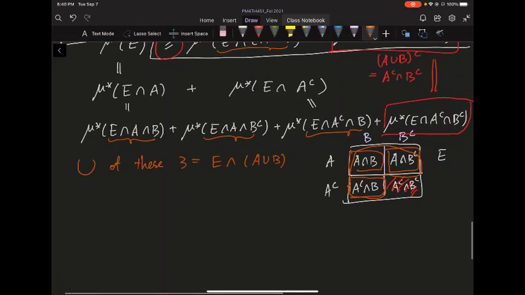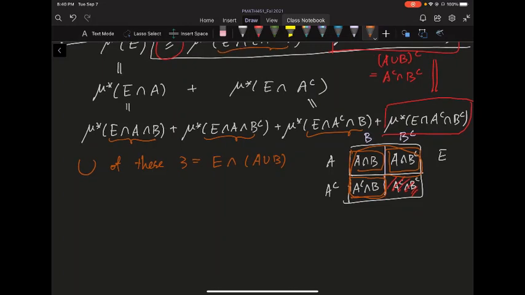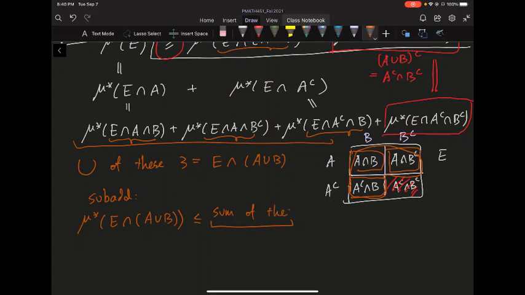That's the sigma subadditivity, or just subadditivity, of the mu star. So by subadditivity, you have that the mu star of E intersect A union B is less than or equal to the sum of these three.